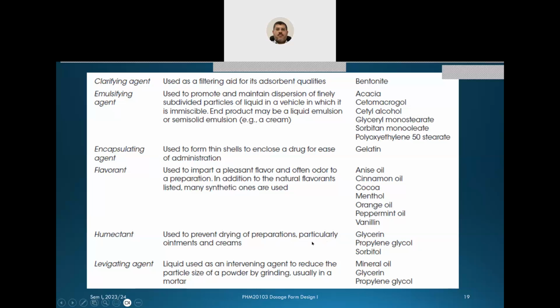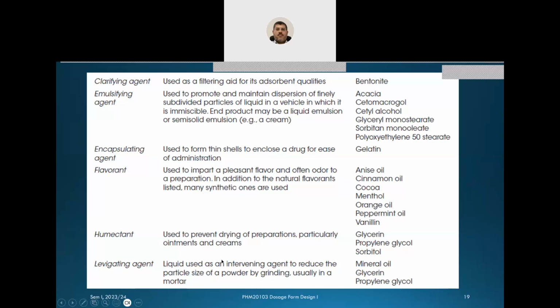So we use it mainly in ointments and creams. So during the shelf life, anytime you open the tube, you will not find that your cream or ointment has become hard, but it still has the same consistency. Like glycerin, propylene glycol, and sorbitol, they are used as humectants, especially in ointments and creams.